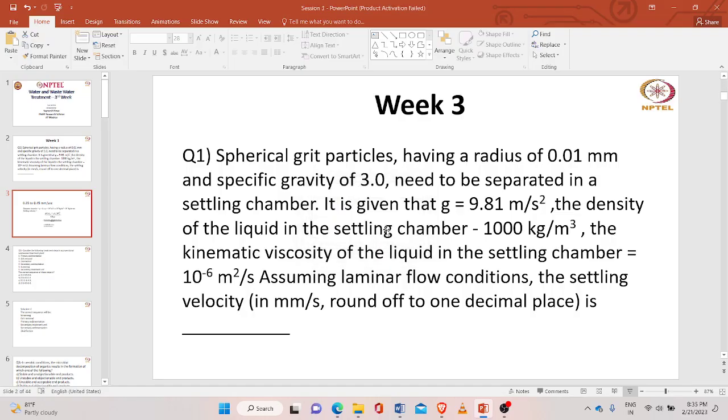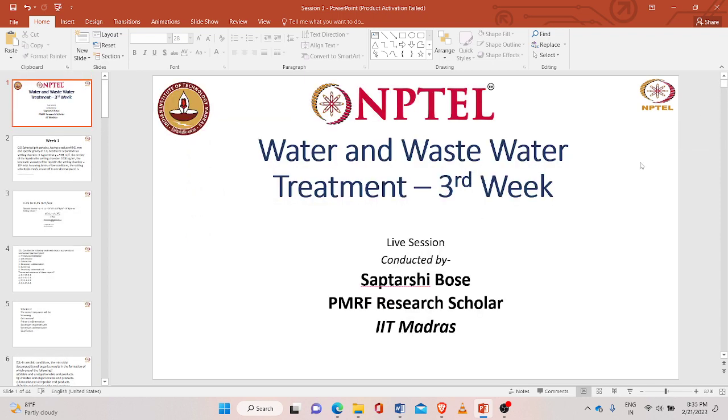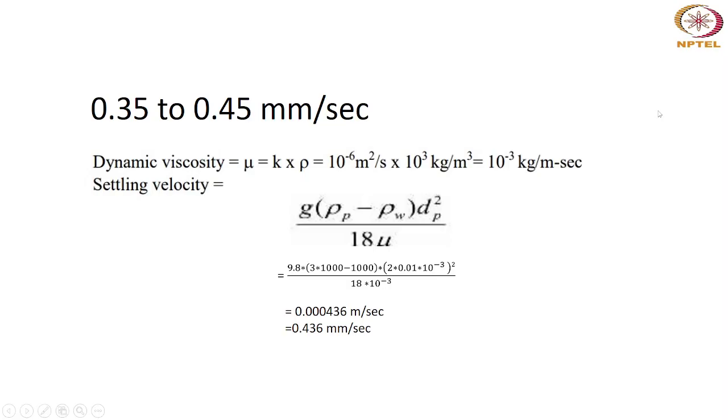Hello, sir. Here is 10 to the power minus 3 kg per meter per second. Is that a kinematic viscosity? No, that is dynamic. K was in meters square per second, right?